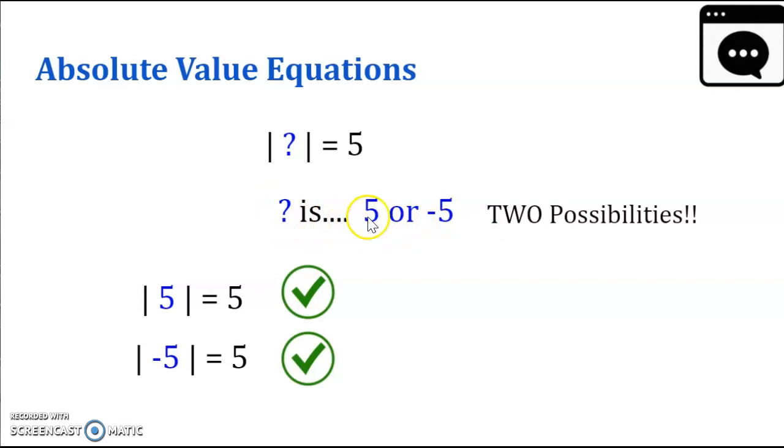That question mark could be positive 5 or it could be negative 5, because if I have positive 5 inside the absolute value, that's going to give a 5 as the final answer. But if I also have negative 5 as my number, it's also going to be positive 5. So we have two possibilities when you're dealing with the absolute value operation.